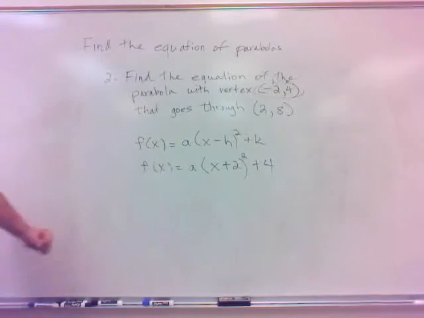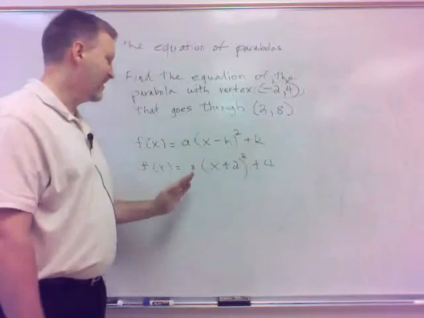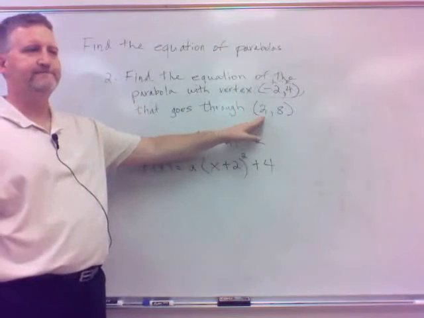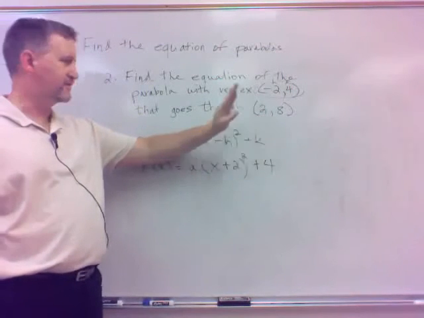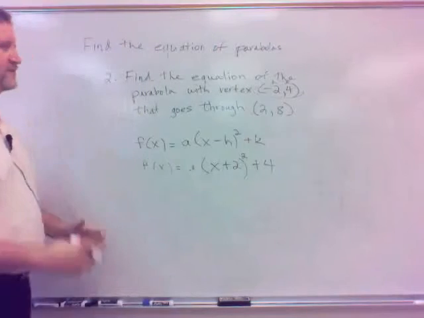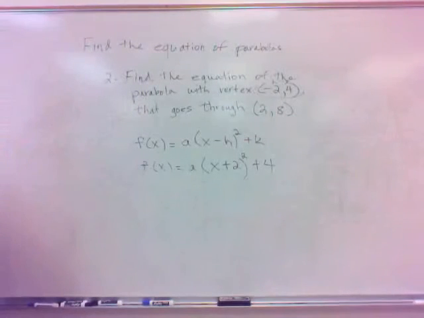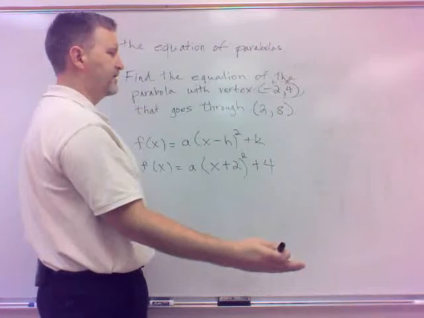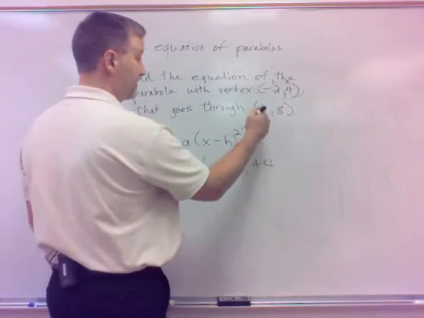Okay, well, here's the change from number 1, because now I can't just say a is anything, because I've got to go through a specific point, 2, 8. So I'm actually going to have to go through the process here of finding out the specific a that I do need. It's not too bad, not unlike what we did with equations of lines.